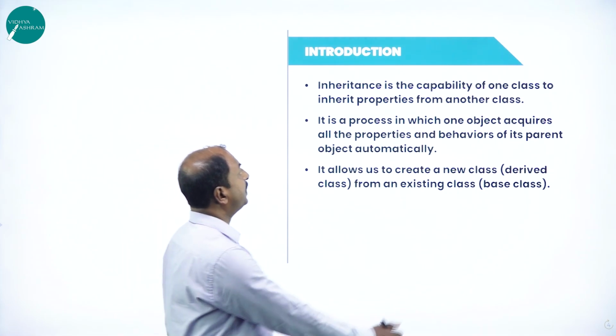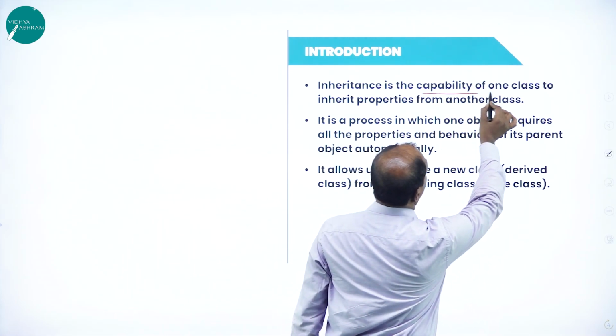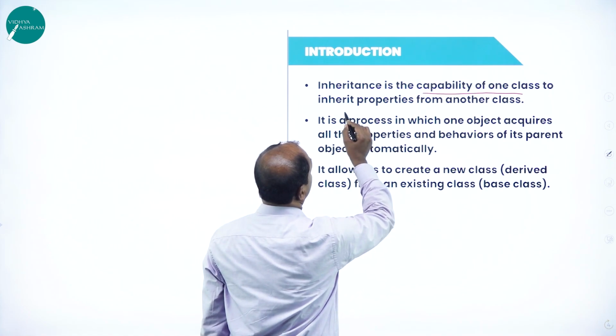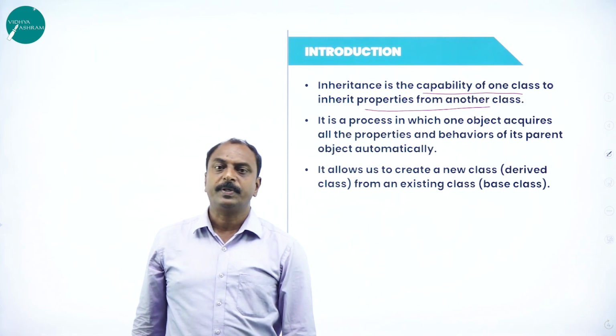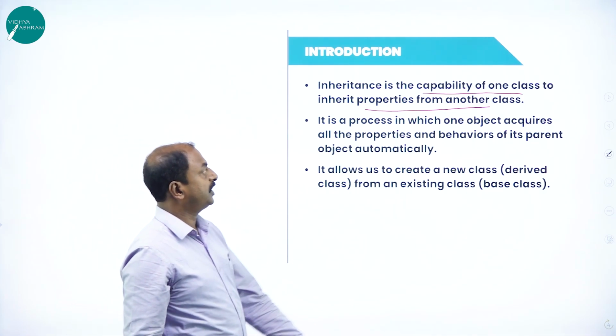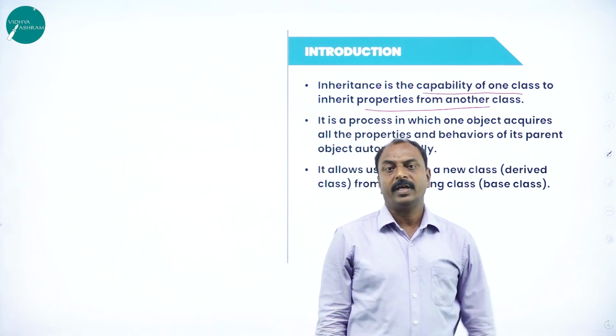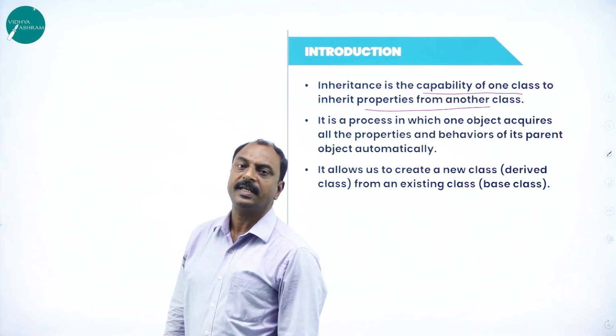So here inheritance is the capability of one class to inherit properties from another class. Here with respect to programming, and that too with respect to class. Now we have learned already what are classes and objects.